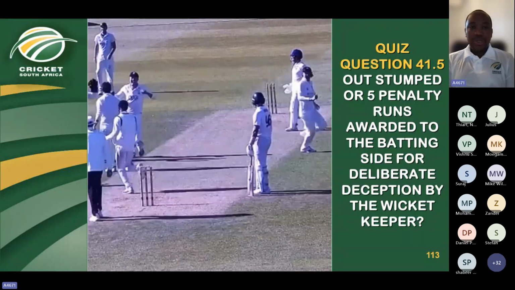So the correct procedure here is for the striker's end umpire to call and signal dead ball for the deliberate deception of the striker. There will be no batter who is dismissed in the delivery.